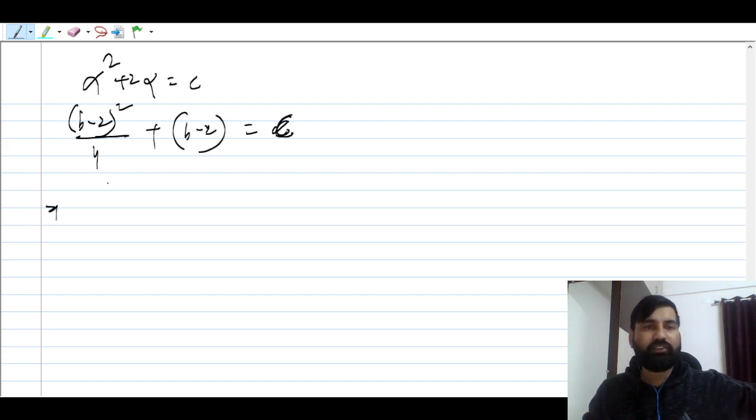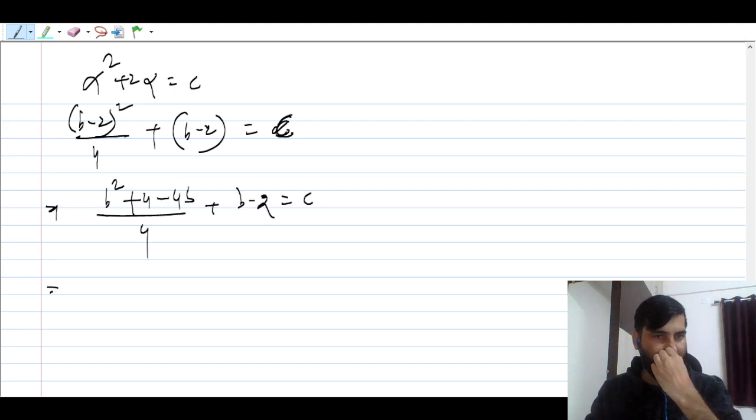Now you can solve this. What is this? B square minus 4b plus 4 by 4, plus b minus 2 equal to c, right?